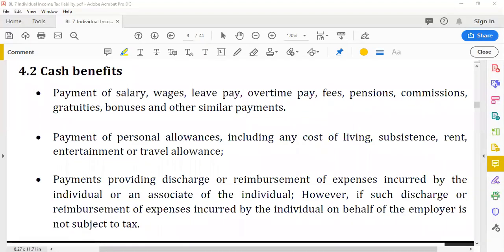Leave pay. What do you mean by that? Any ideas from you?